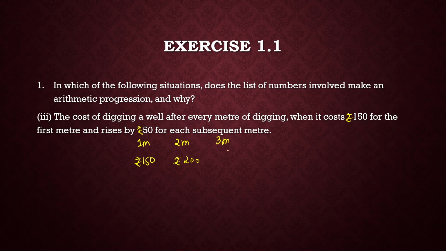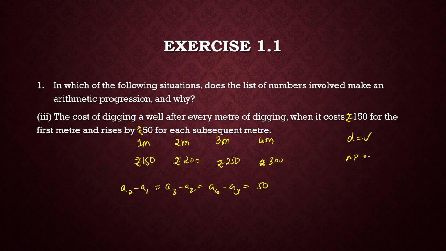For 3 meters, it got raised to rupees 250. For 4 meters, it got raised to rupees 300. If you observe here, A2 minus A1 is equal to A3 minus A2 is equal to A4 minus A3 is equal to 50. So the common difference exists, and from this you can see that it forms an AP.